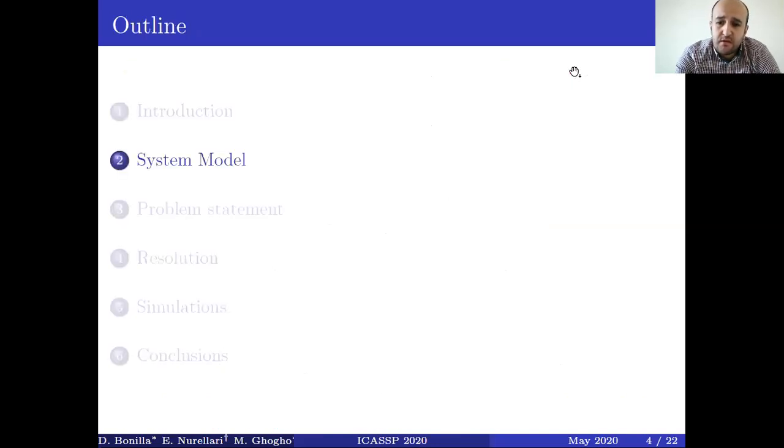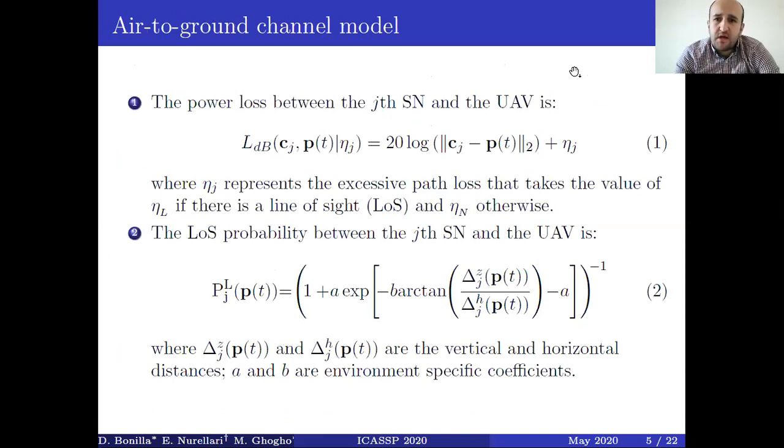Right, the next thing that I want to go through is the system model. First of all, we'd like to detail our air-to-ground channel model. The first equation that you see in there is the power loss between the j-th sensor node and the UAV. This is a well-known equation, no surprise on that.